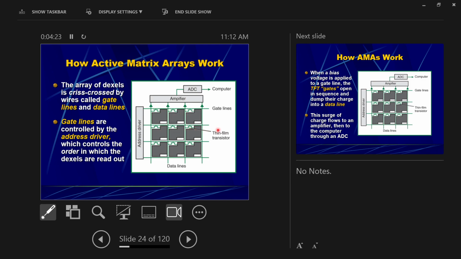Does one row, then the next row, and the computer remembers where each of these are in space. Because it controls the order in which the DEC cells read out, it knows when it receives a signal which DEC cell it's coming from. So when it has to reproduce the picture, it's going to remember where everything's at.